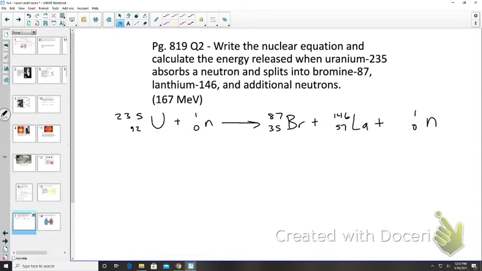So that tells me that I need to have 3 neutrons to make sure that is balanced. The mass number anyways, okay? And then for our atomic number, we have 92 going in, 35 plus 57 is indeed 92. So we're happy there.